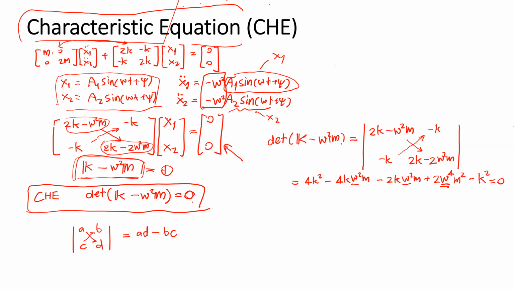So we have 2m squared omega power 4 and subtract by 6mk omega power 2 plus 3k squared, and yeah, it's equal to 0.